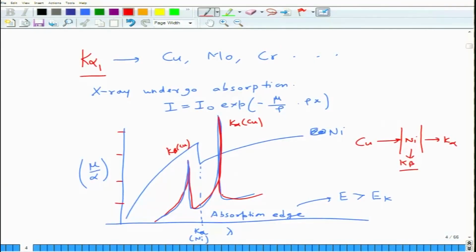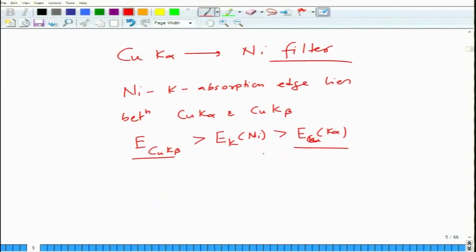Lambda of Cu K alpha is higher than the lambda corresponding to the absorption edge, which means the energy of the absorption edge has to be higher than the energy of the Cu K alpha. So the energy of the absorption edge of nickel is higher than Cu K alpha, but it is lower than Cu K beta, which is where it has high absorption.